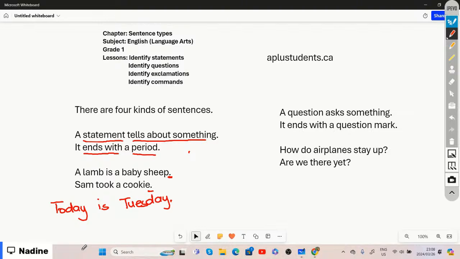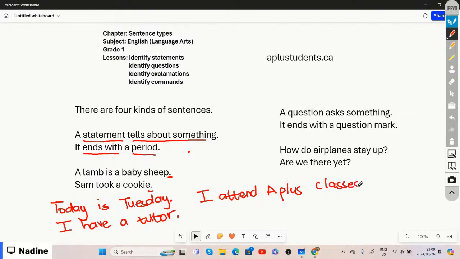Or if you are telling somebody I have a tutor lesson or tutor, that is just a statement, period. Or you tell somebody I attend A Plus classes, full stop, period.